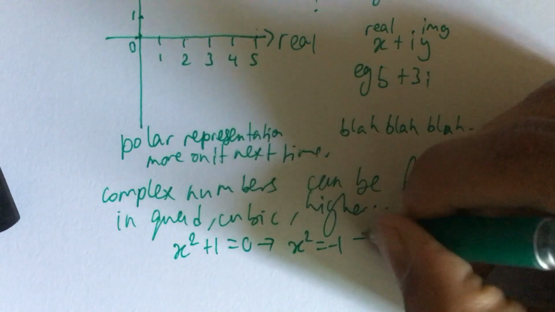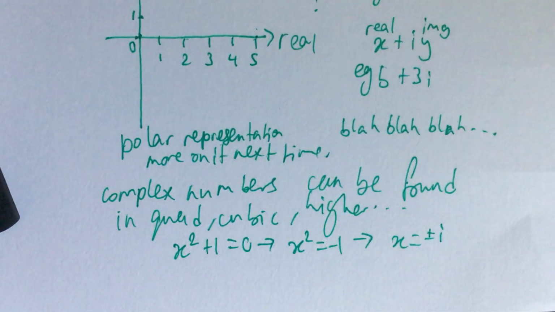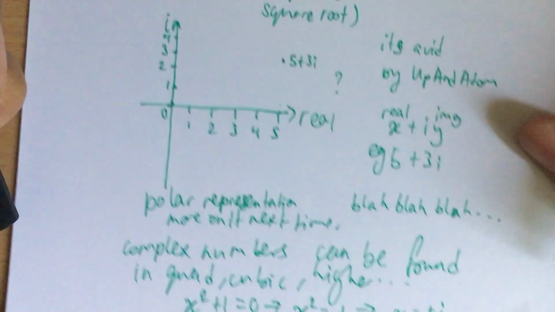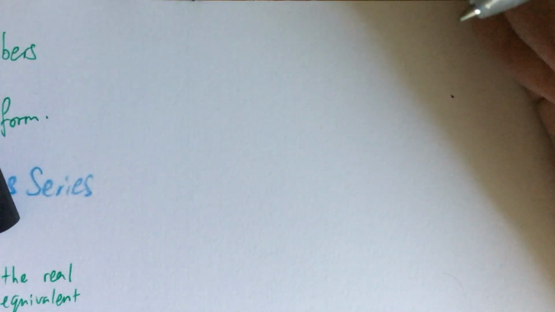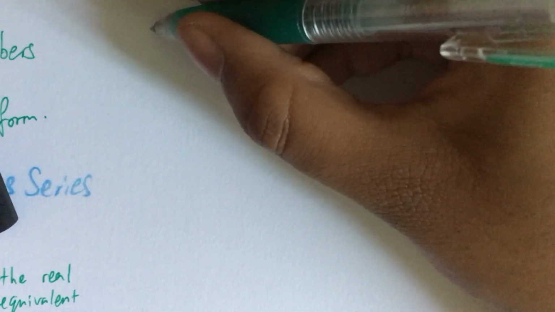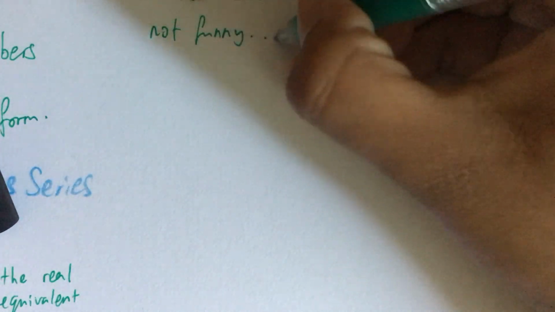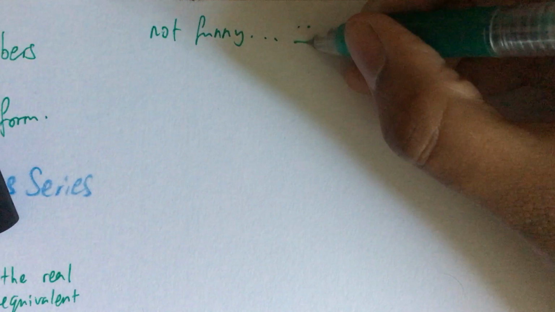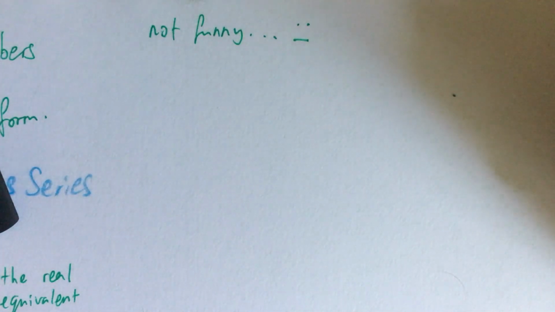Because of the existence of these numbers, you can now solve so many new equations, and that's great, right? I mean, if you refer to the joke about the math book having so many problems but no solutions, you make it happy by giving it solutions. Anyway, that's not the point. The point is, this is how they work.